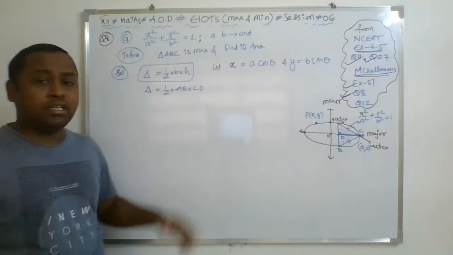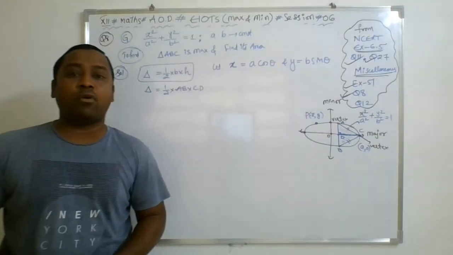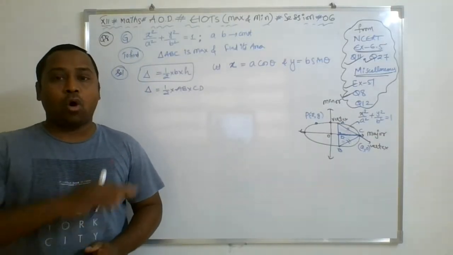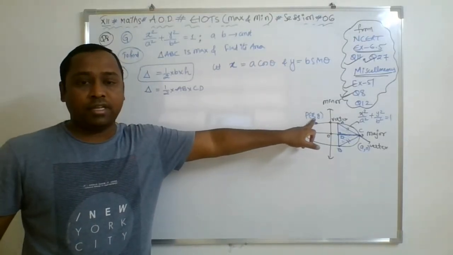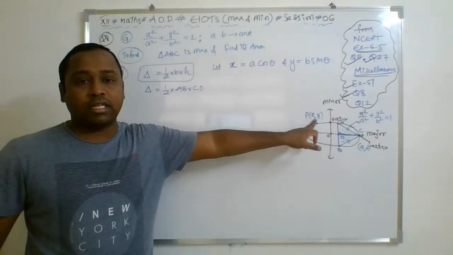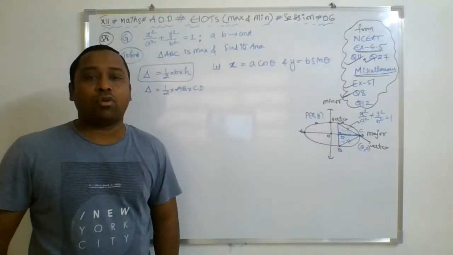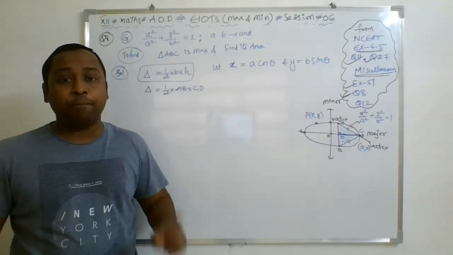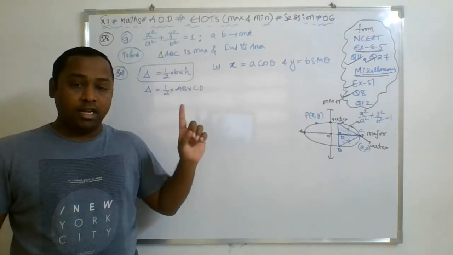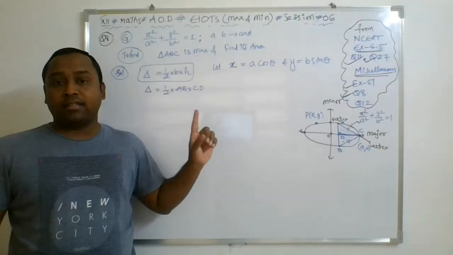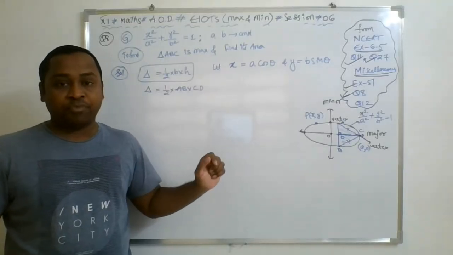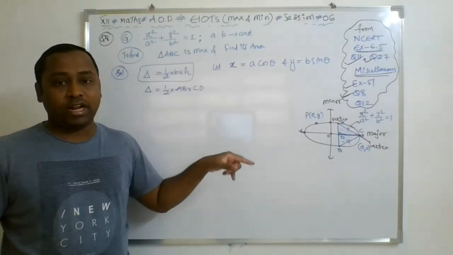And as you know, in trigonometry also we have studied the unit circle. The horizontal component, the x component, is always in terms of cos theta, and the vertical component is always in terms of sin theta. This we studied in 11th standard trigonometry, where we discussed the unit circle with the help of a reference triangle.